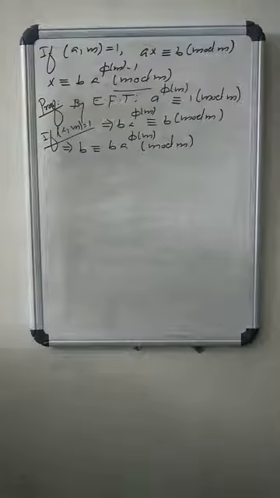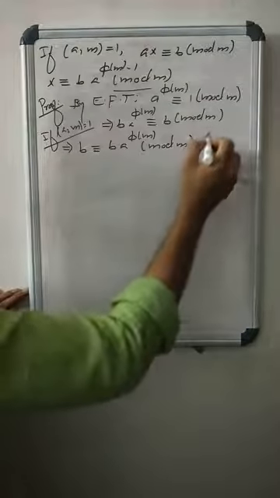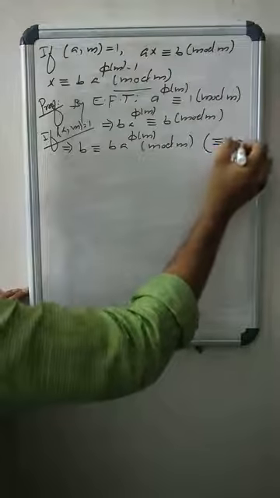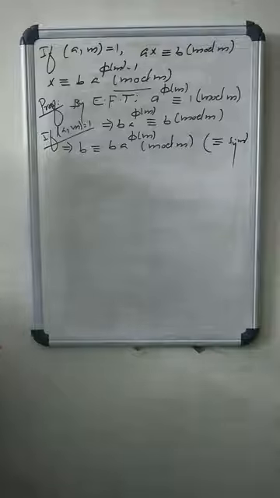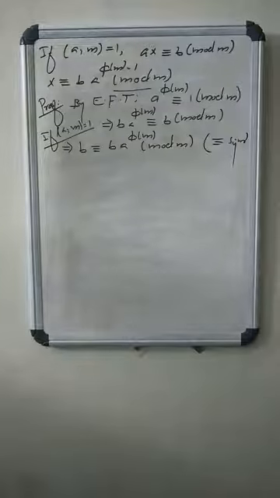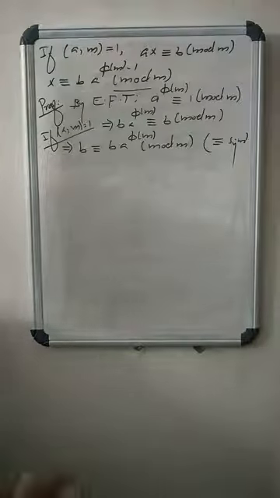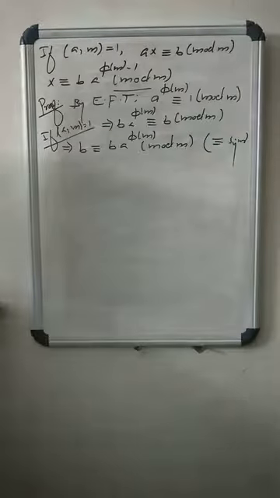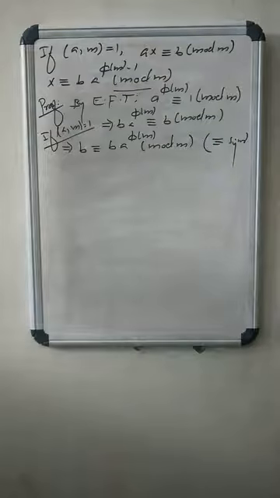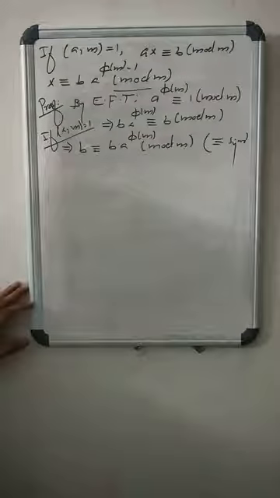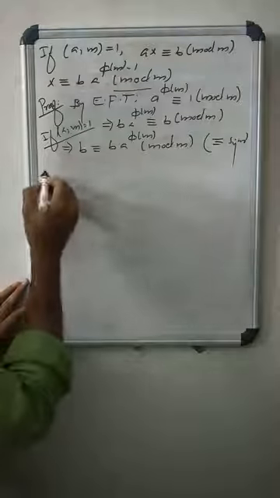The congruence relation is always symmetric. That is, if a is congruent to b mod m, then b is congruent to a mod m. So b a^phi(m) congruent to b mod m implies b congruent to b a^phi(m) mod m. Agree?